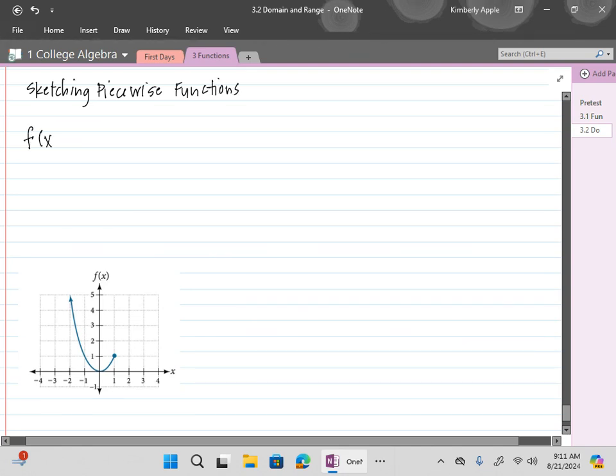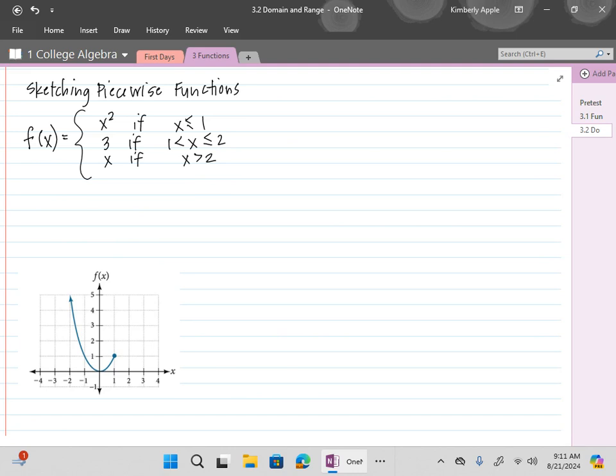So if we have f of x equal to x squared if x is less than or equal to 1, it's just 3 if x is between 1 and 2, and it's simply x if x is greater than 2. The first thing I want you to understand here is that if you notice these 3 domains, there are no overlaps.